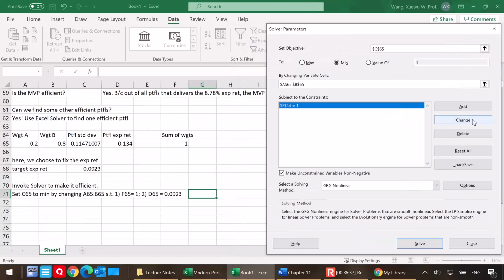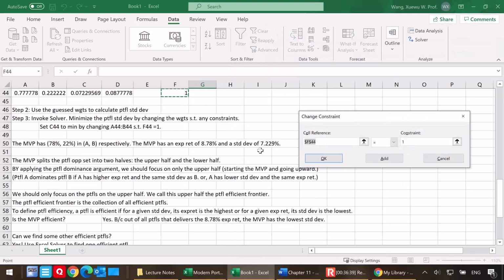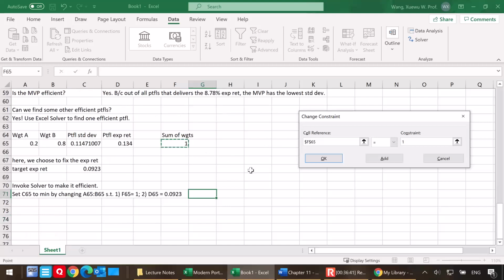The weights summation is actually here, and this should be equal to 1. And I do have another constraint, so I just click add. The constraint is the portfolio expected return should be equal to 0.0923, and that's the only constraint we have.